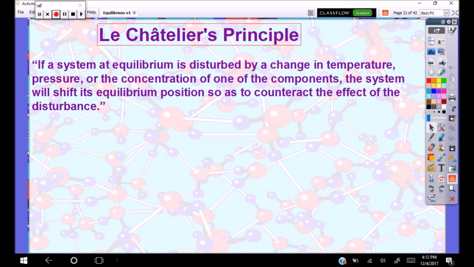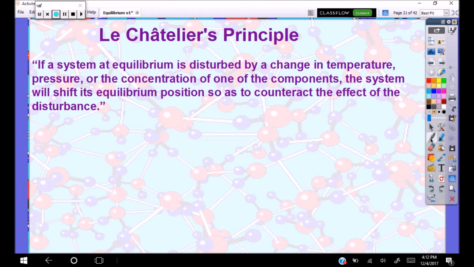Le Chatelier's principle. If a system at equilibrium is disturbed by a change in temperature, pressure, or the concentration of one of the components, the system will shift its equilibrium position so as to counteract the effect of that disturbance. Okay, that is a mouthful.